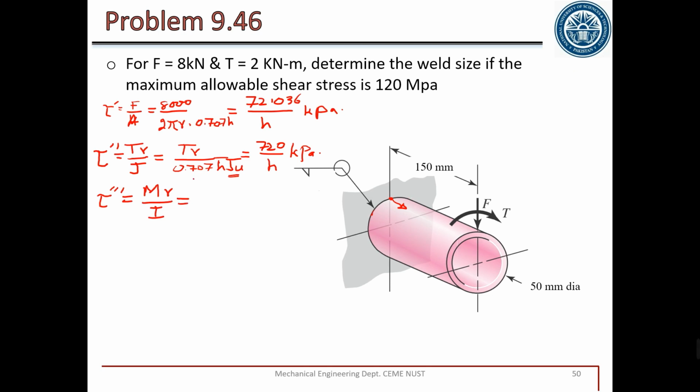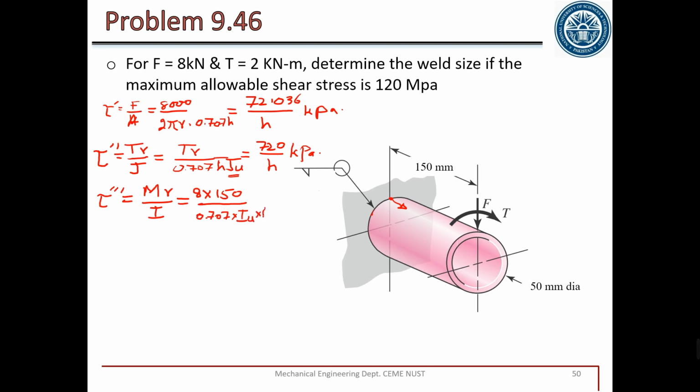F is 8 kilonewton, and the moment arm is 150. Kilo and millimeter cancel, so we have the SI unit of 8 into 150 divided by I, which is 0.707 into IU from table 9-2 multiplied by H.